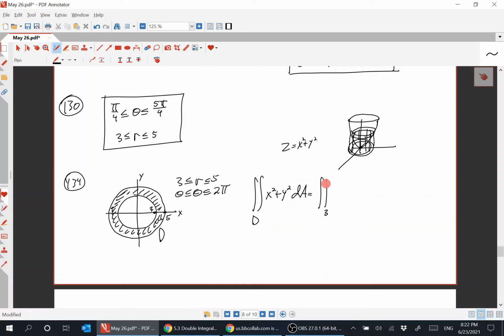So I'll put the r in here, I guess. That's from 3 to 5, and then from 0 to 2 pi. x squared plus y squared, what's that in r and theta? x squared plus y squared is just r squared, right? Remember the transformation.